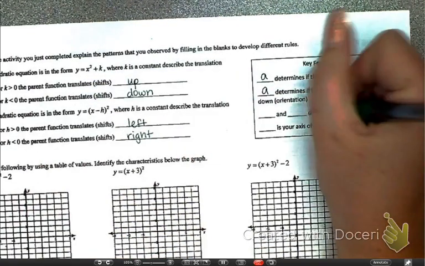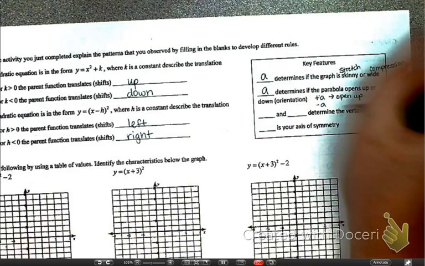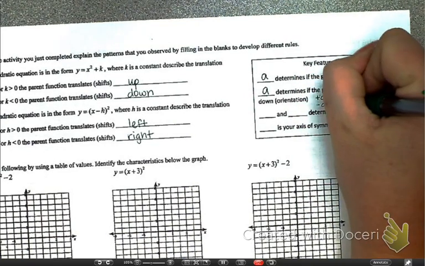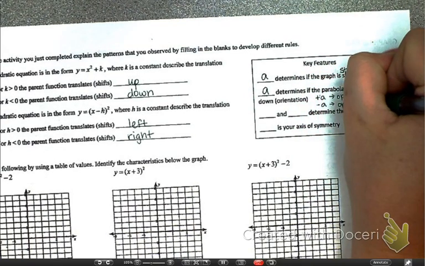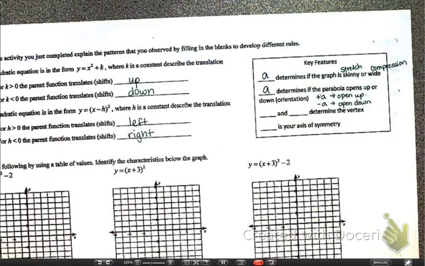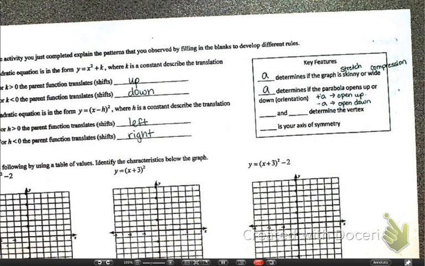If A is negative, it's going to open down. Okay.